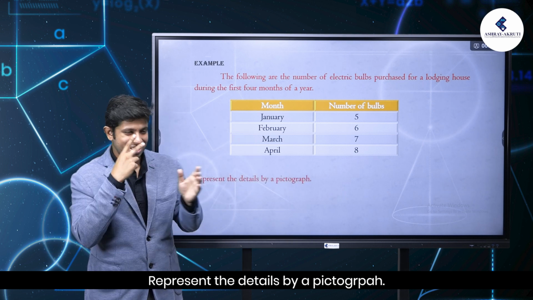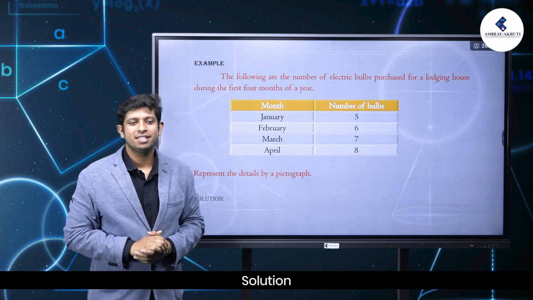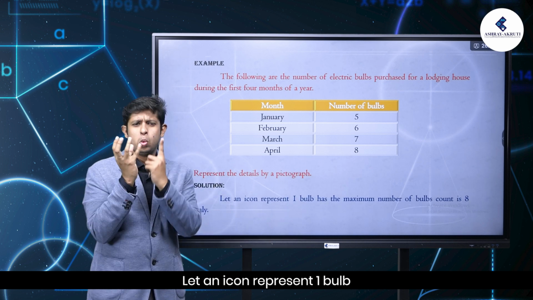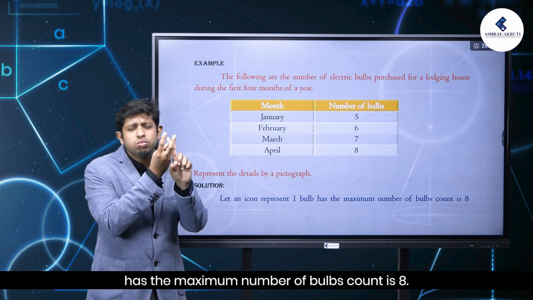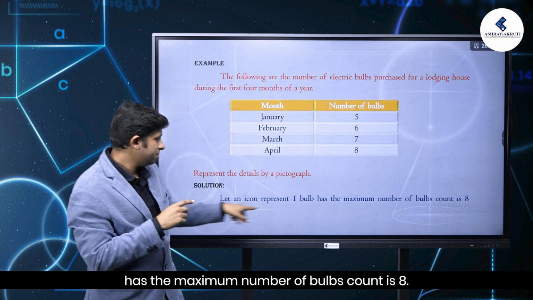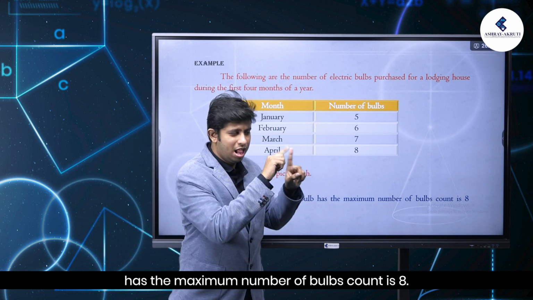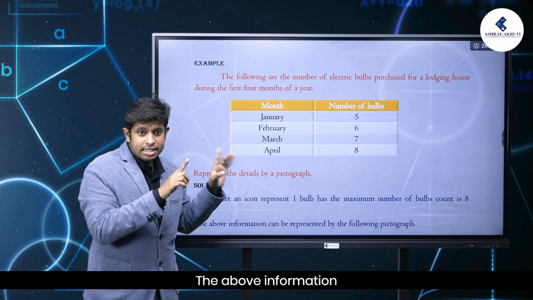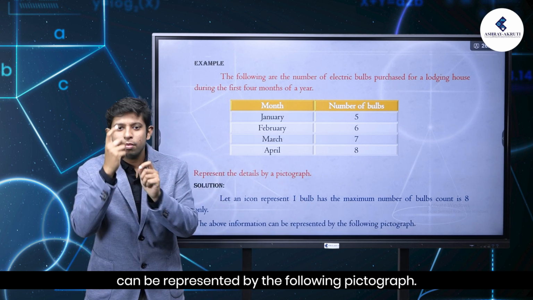Represent the details by a pictograph. Solution: let an icon represent one bulb. The maximum number of bulbs is 8. The above information can be represented by the following pictograph.